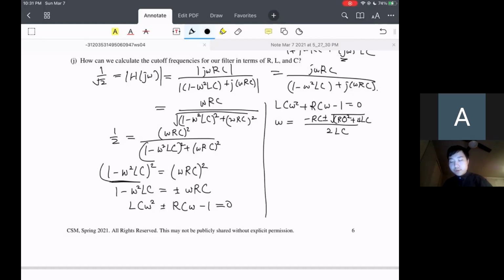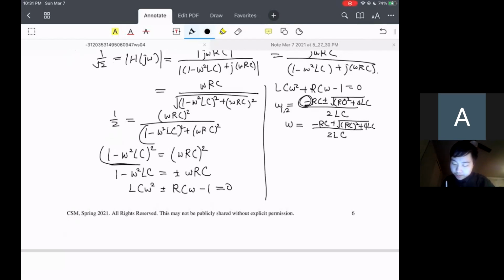Obviously, since this term is negative, we can only take the positive term because the frequency can't be negative. And so the only sensible cutoff frequency is omega equal to negative RC plus root RC squared plus 4LC over 2LC.